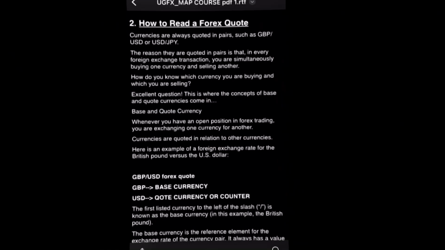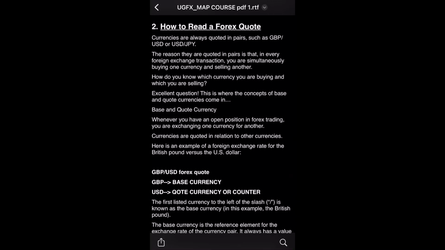So that will take us to our next topic, how to read a Forex quote. Like I earlier said, currencies are always quoted in pairs, such as GBP/USD or USD/JPY. The reason they are quoted in pairs is that in every foreign exchange transaction, you are simultaneously buying one currency and selling the other.